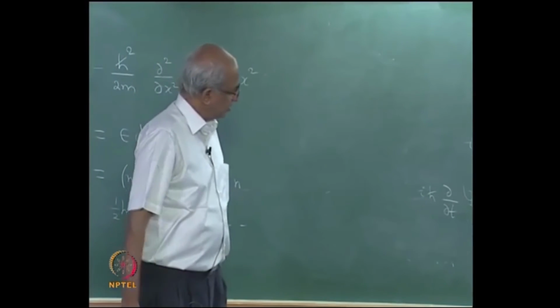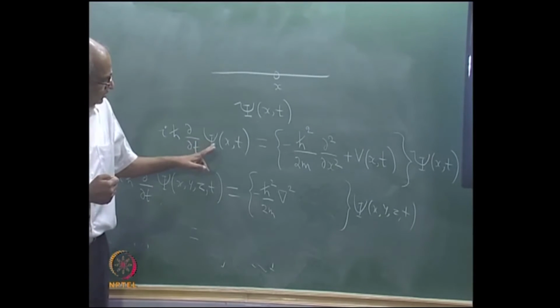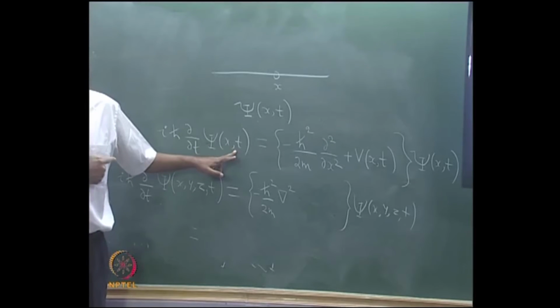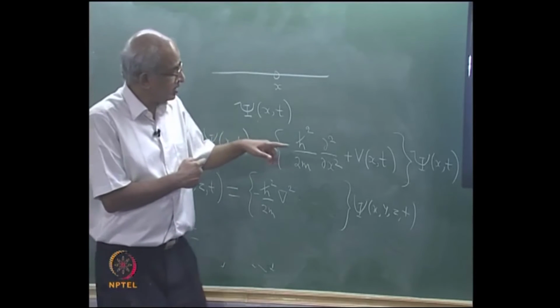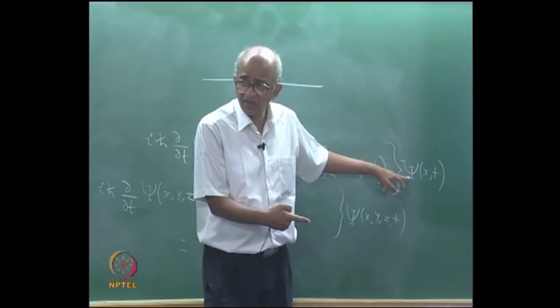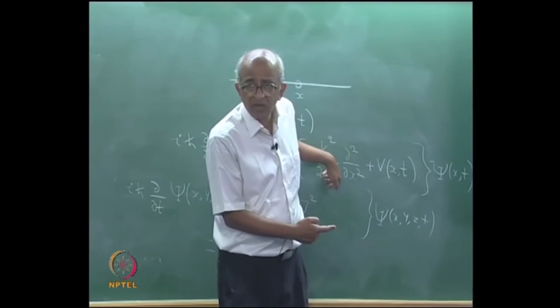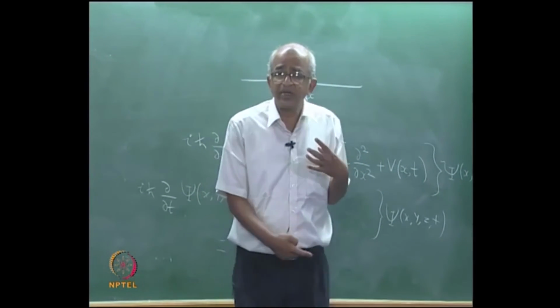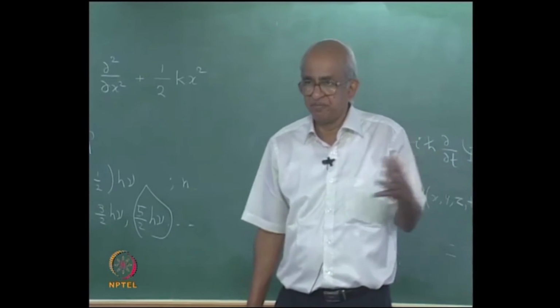So, this will be how the equation looks like, and if you look at this, you again see what it says is that, as time passes your state function is going to change. That is what this equation says, and the derivative of the state function with respect to time is determined by what? It is determined by the state function itself, but operated upon by the Hamiltonian operator. So, the Hamiltonian operator determines how the state function evolves in time.